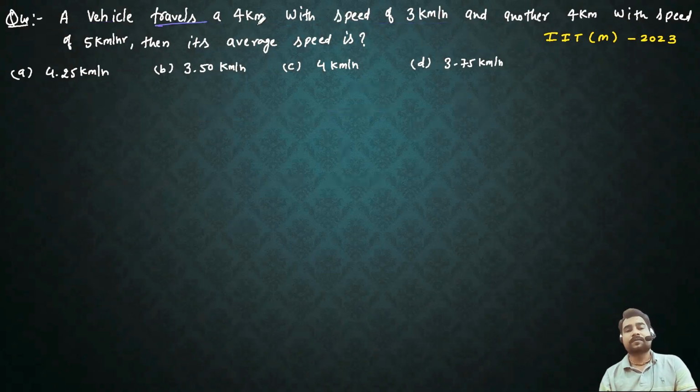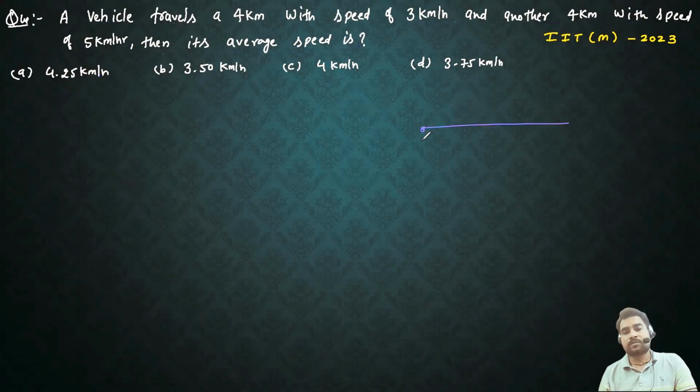A vehicle travels a 4 kilometer distance with speed 3 kilometer per hour and another 4 kilometer with speed 5 kilometer per hour. Then its average speed is, and your options are given. Now, overall average speed I need to determine, right?